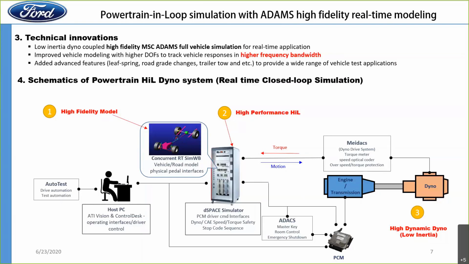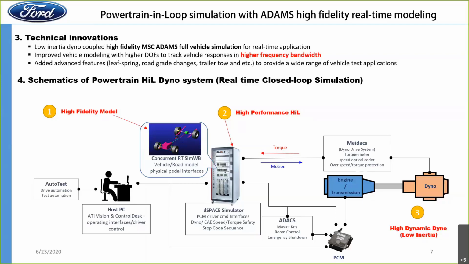The second technology innovation is that we have to improve the vehicle model, simplifying the high fidelity model to make it real time. But at the same time, it should capture the vehicle response to a high enough frequency bandwidth. Otherwise, you lose the dynamics, like shuffle and shudder, which frequently occur in the vehicle.